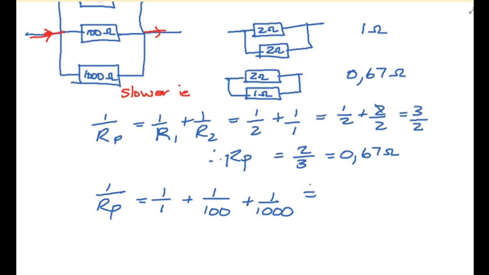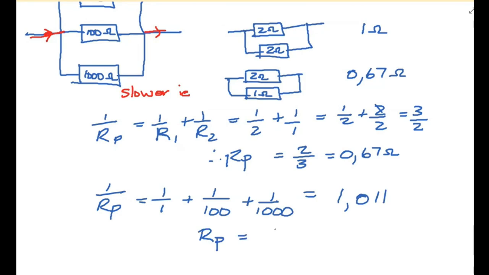0.01. So it's 1.011, but that's 1 over RP. So therefore RP, you must remember, you've always got to flip it afterwards when you do parallel.